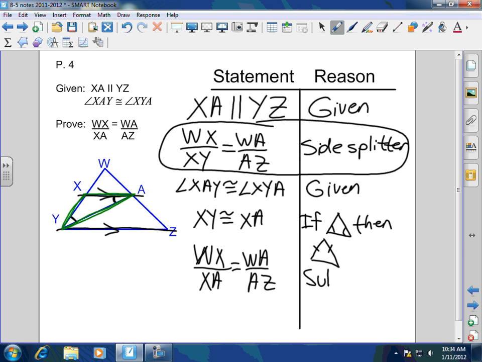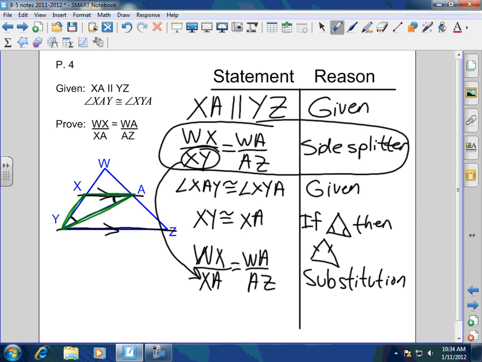Very good. And that is my proof. I substituted XY for XA, and that is what I'm trying to prove. Does that make sense, gentlemen?